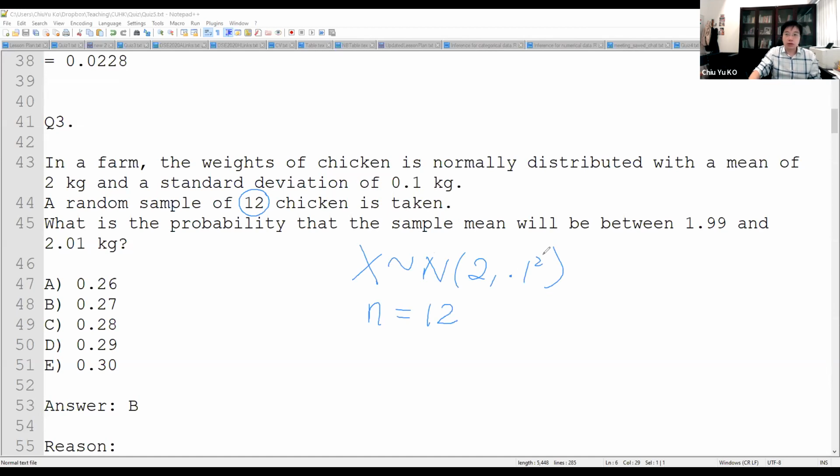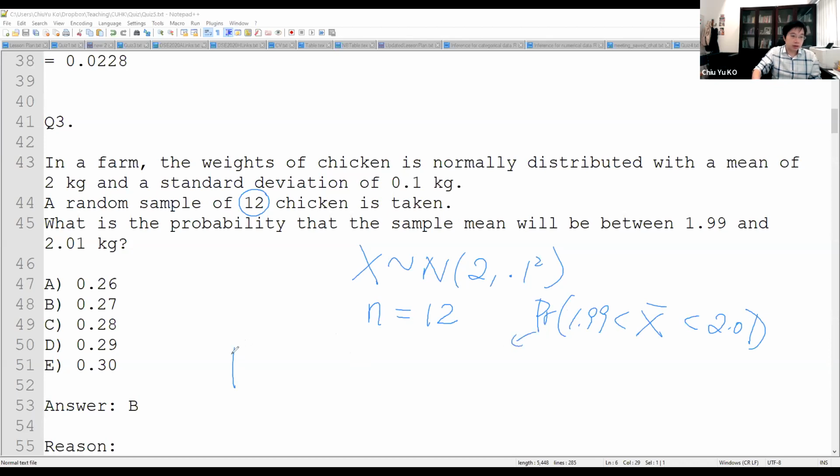What's the probability that the sample mean is between 1.99 and 2.01? Then you convert to z-scores.